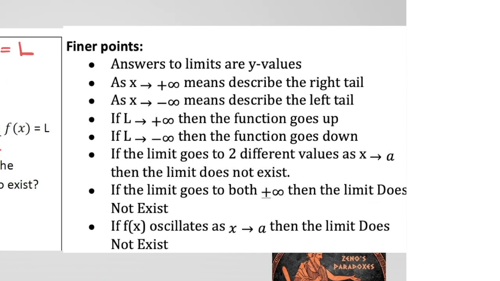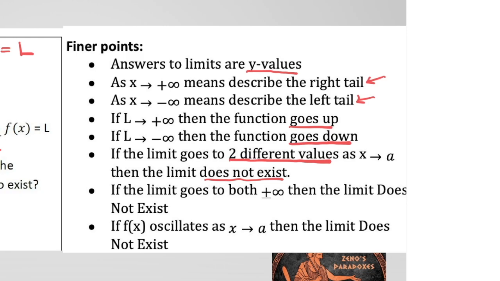The answers to all of your limits are y values. The limit as x approaches positive infinity is describing what's happening to the right tail. Negative infinity talks about your left tail. If your limit is going to positive infinity, then the function goes up. If the limit goes to negative infinity, then your function goes down. If your limit goes to two different values, that's a bad thing, then the limit does not exist.